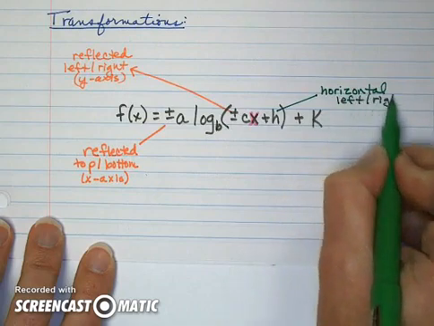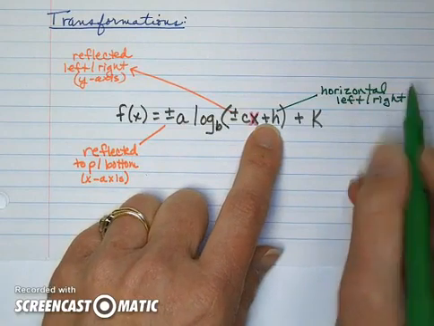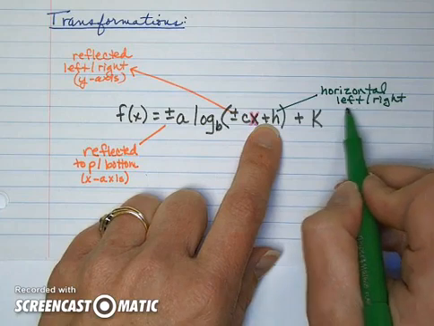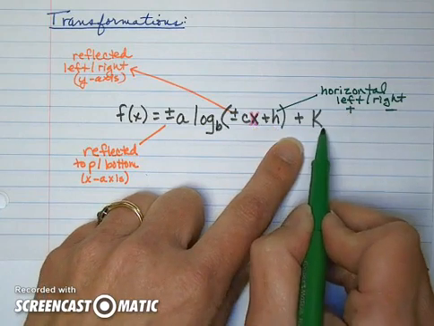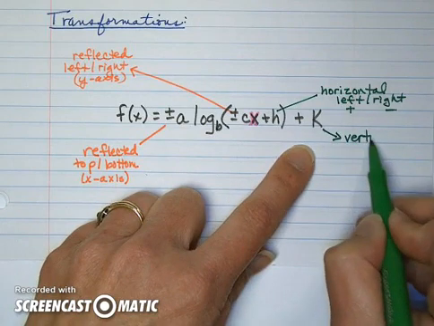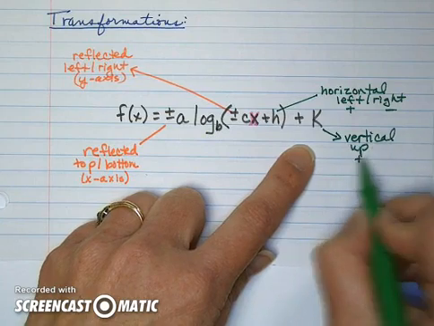And remember, that's the one that's kind of reversed. So if it's positive, you went to the left. I'm sorry, if it was negative, you went to the right. The k, remember, moved it vertically up and down. If it was positive, it went up. If it was negative, it went down.